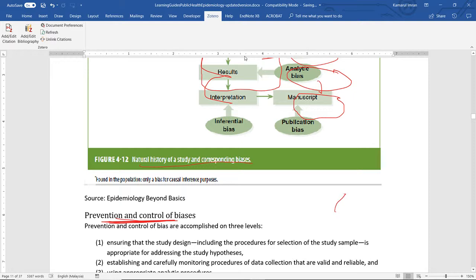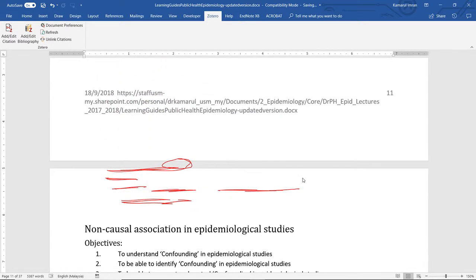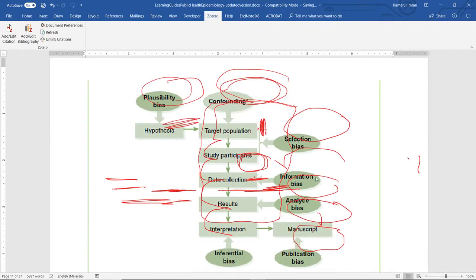What you can do to prevent and control bias is to ensure that the study design is appropriate, establish and carefully monitor procedures of data collection, and of course use appropriate analytical procedures. So that is basically the things that we should cover or understand for this chapter or this topic.